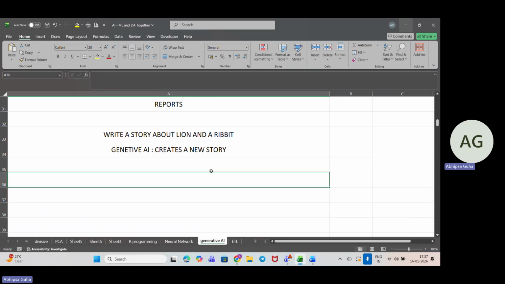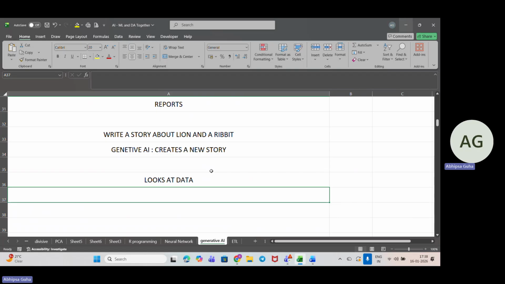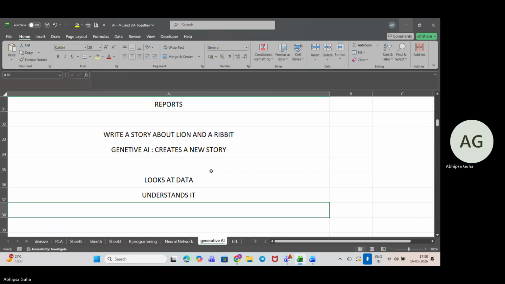Okay. So generative AI in analytics means a computer that looks at data. Next, it understands it. Next, it explains it in simple language.